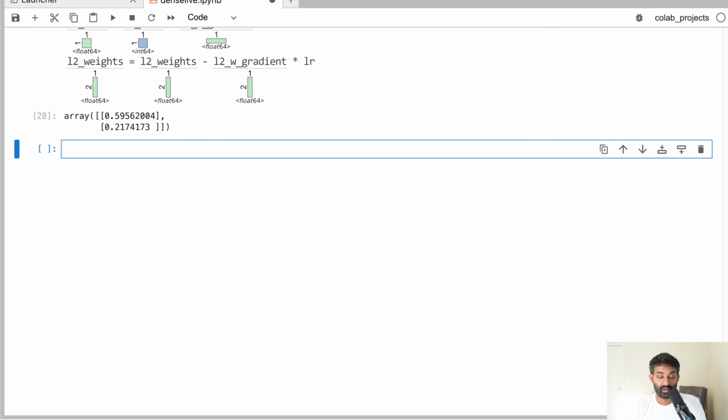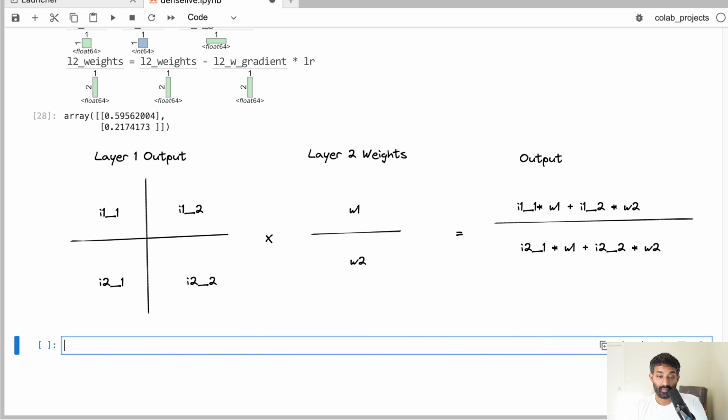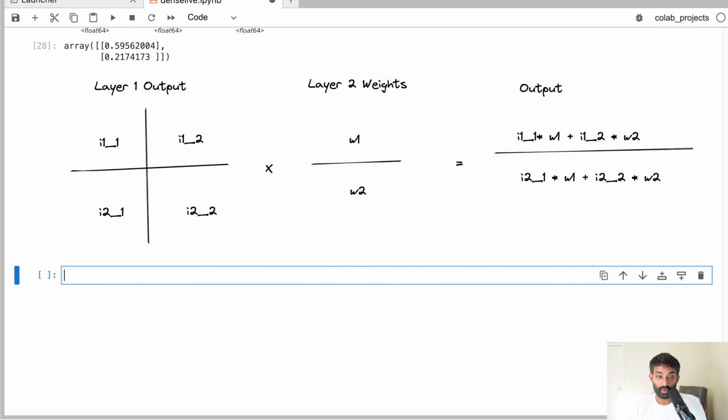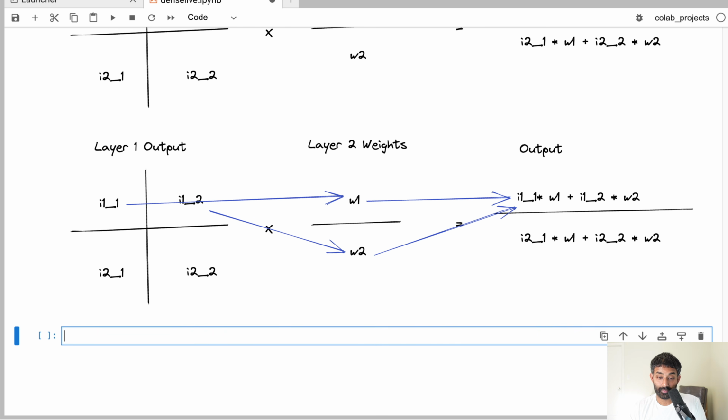Okay. All right. Now what we need to do is calculate our layer 1 gradients. So let's take a look at how the forward pass worked for layer 1. So we can see that our layer 1 outputs were scaled by our layer 2 weights to get the output of layer 2. So another way to think about this is multiple inputs were connected to multiple outputs through the weights, similarly to what we saw before, right?